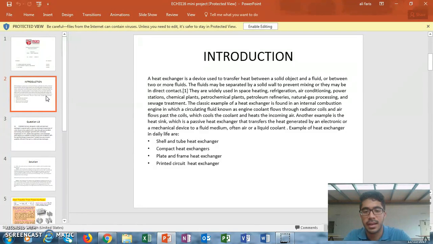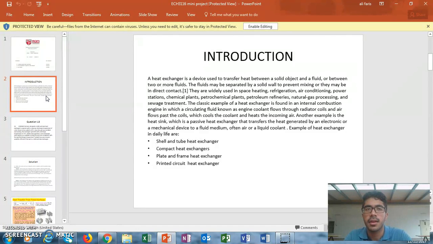The classic example of a heat exchanger is found in an internal combustion engine, in which a circulating fluid known as engine coolant flows through radiator coils and air flows past the coils, which cools the coolant and heats the incoming air.